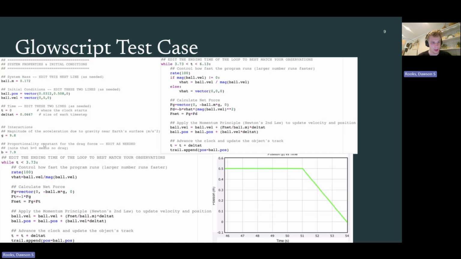Additionally, down here is where the drag constant was located. This was fine tuned, but ultimately, as I said earlier, doesn't particularly matter. And then down here, we have our force calculations, tension and gravity. As I said, they're opposite.